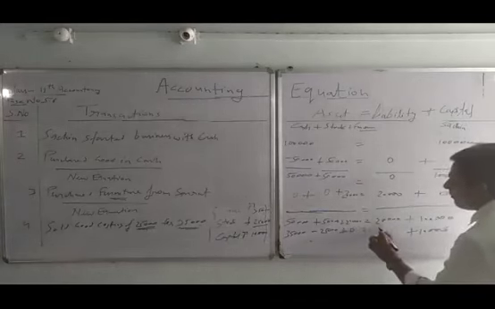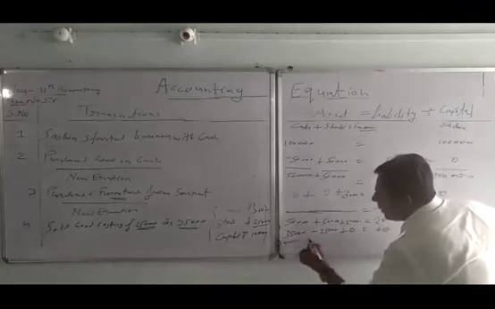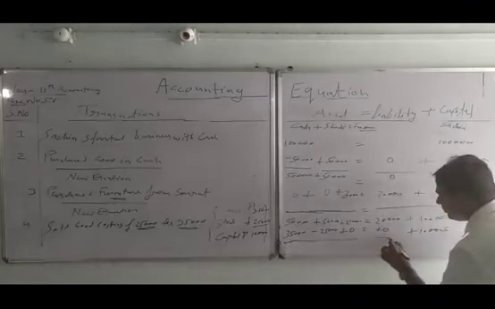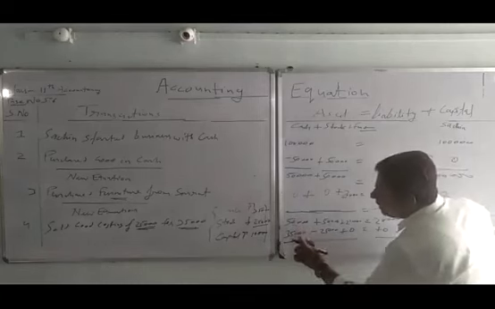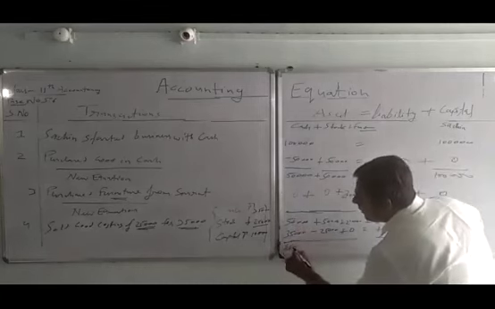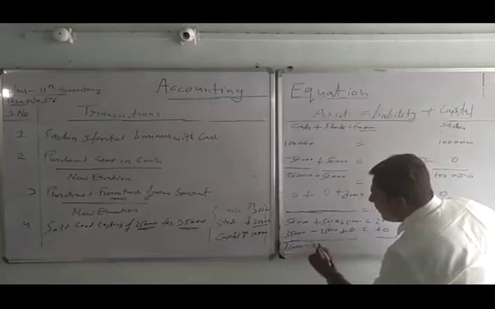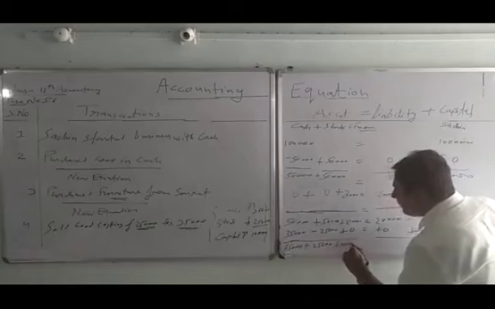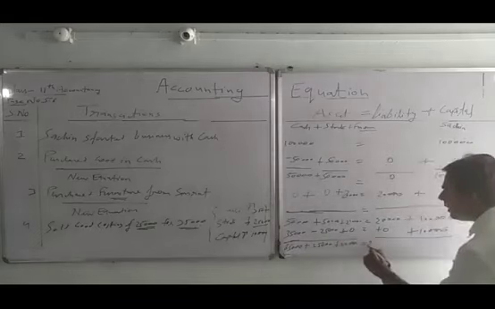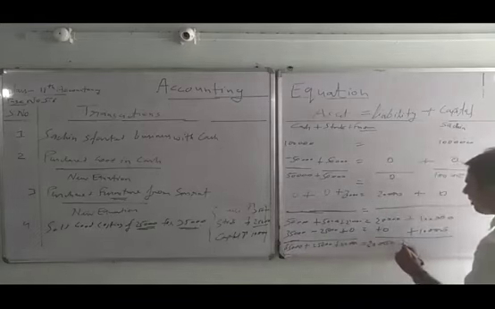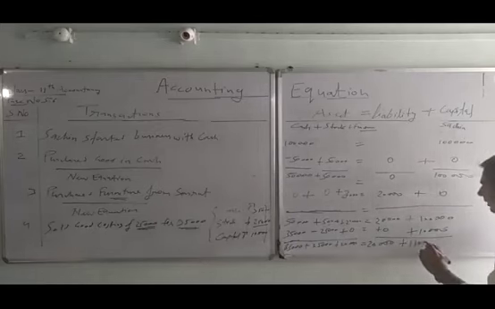Everything else remains the same. So now the new equation will be made. 50,000 plus 35,000, 85,000. 50,000 minus 25,000, 25,000. 20,000 equals 20,000 plus 1,10,000.